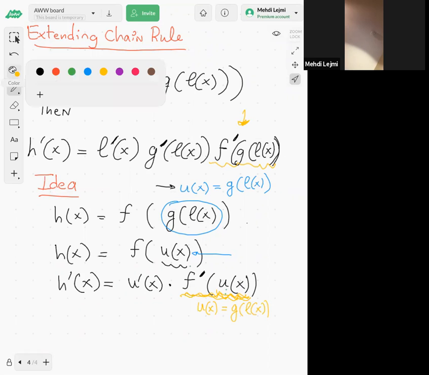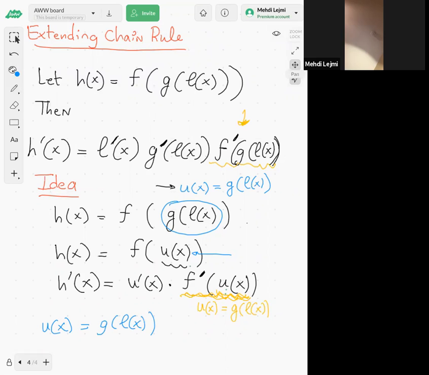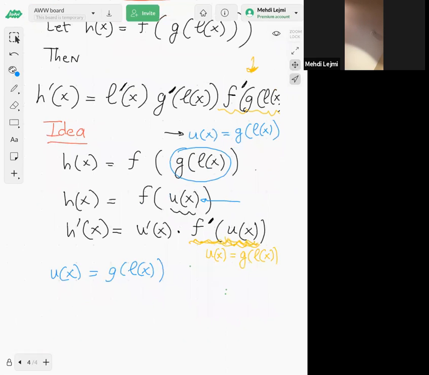Well, u of x is g of L of x, so it's a composition of two functions. Then u prime is the derivative of the function inside the parentheses, so it's L prime of x times g prime of L of x. It's like saying the derivative of f composed with g is g prime times f prime of g. So I'm applying the chain rule here, and that's my u prime.